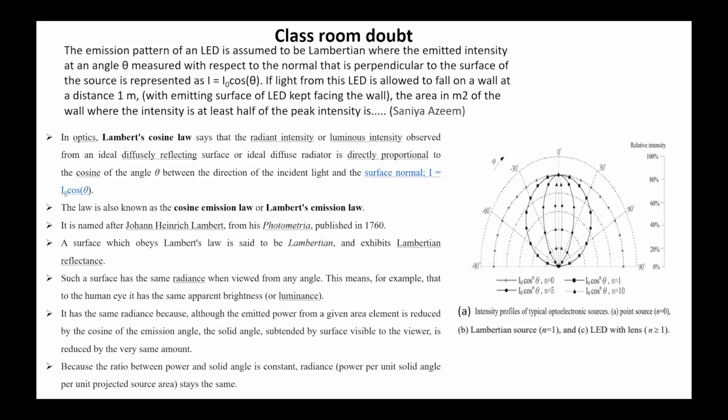This is like the radiation graph you have seen in microwave, to calculate the reflection constant and transmission constant, like that polar plot. In optics, Lambert's cosine law says that the radiation intensity or luminous intensity observed from an ideally diffuse reflecting surface is directly proportional to the cosine of the angle theta.